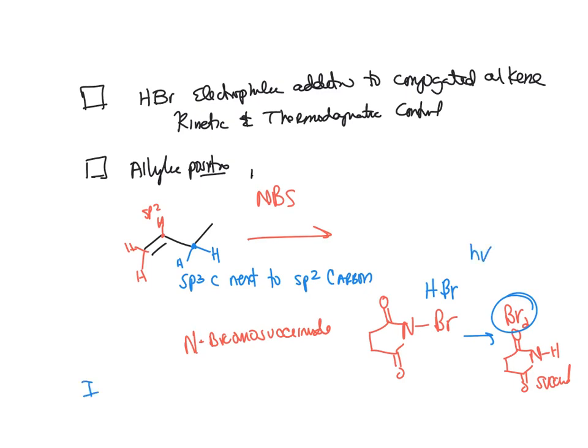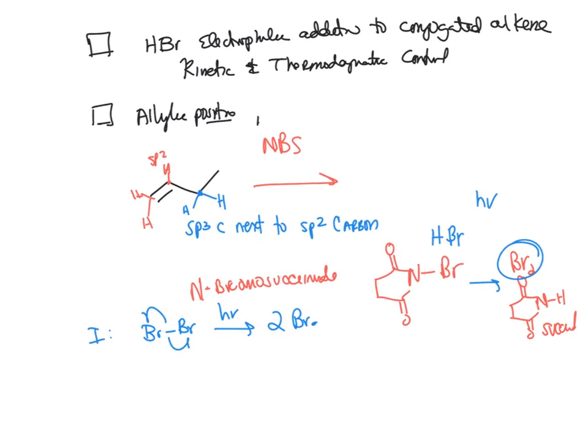And what happens is then you can do your normal free radical mechanism. And this is just a small source of Br. And so then when you hit that with hv, you generate your Br radical. And what's nice about that, then you can do your propagation step.